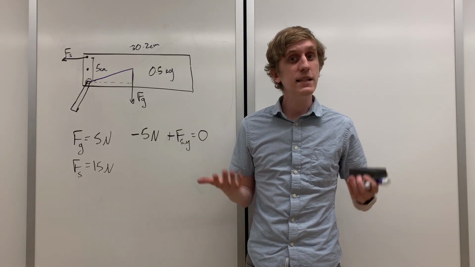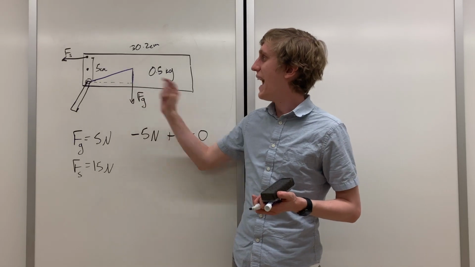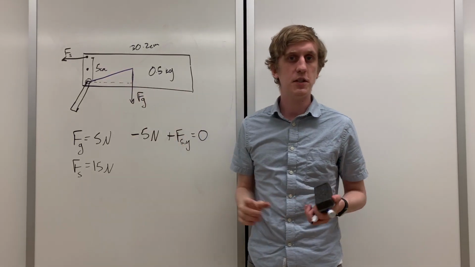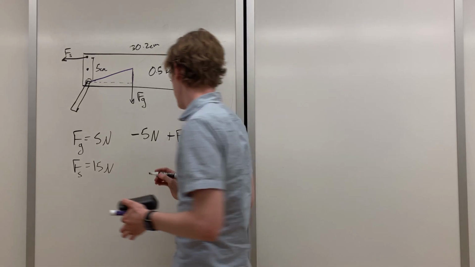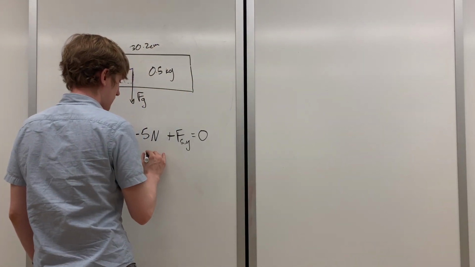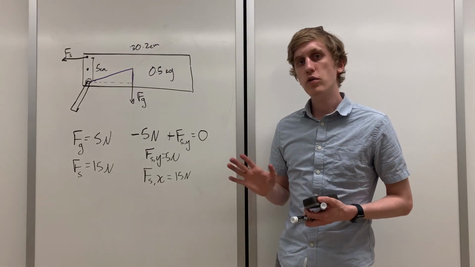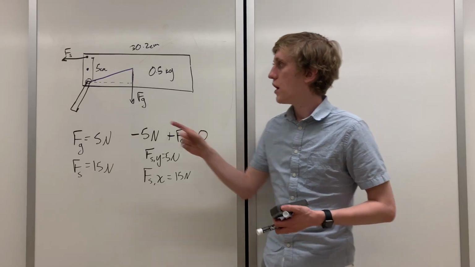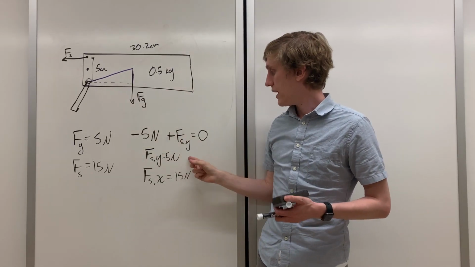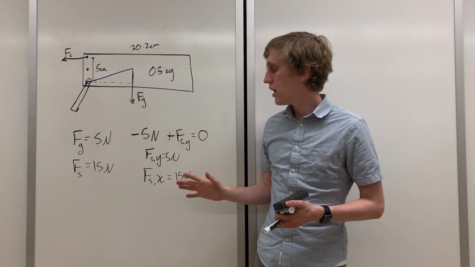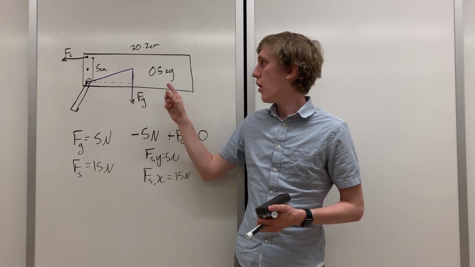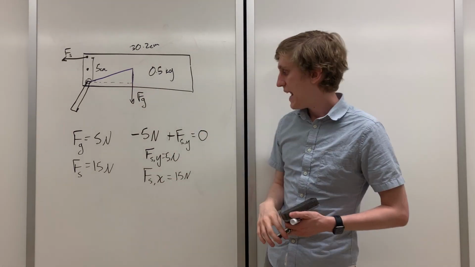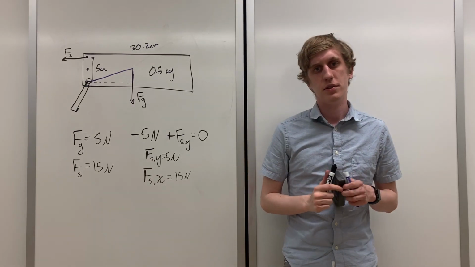Well, it just has to be 15 newtons, because it has to counteract the force of the spring. So the vertical component of the force from the hinge on this bar is 5 newtons, and the horizontal component of the force on this bar from the hinge is 15 newtons.